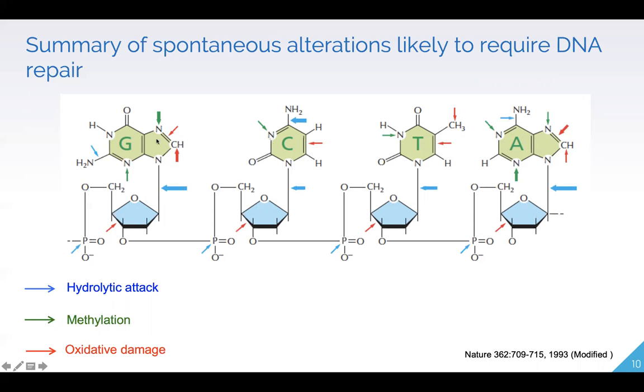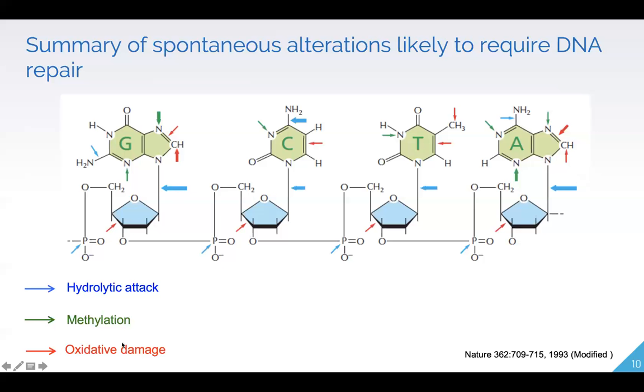Another event that can happen to these nitrogen atoms is a methylation reaction, where a methyl group gets added to one of these nitrogens. These are not as predominant as the hydrolytic attack, and so I guess the thickness of these arrows highlights how frequent these events are.